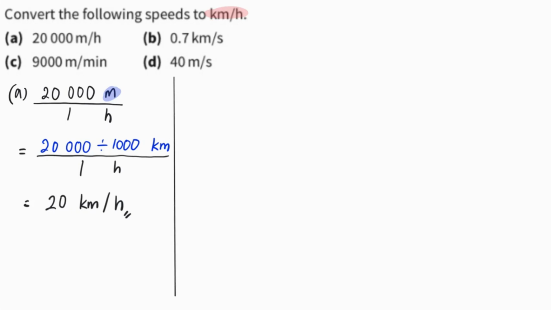Okay, for part B, 0.7 kilometer per second means 0.7 kilometer over 1 second. And now I already have the kilometer, so I shall leave it untouched.